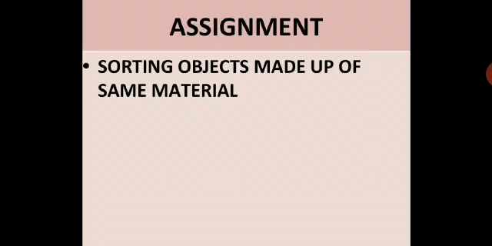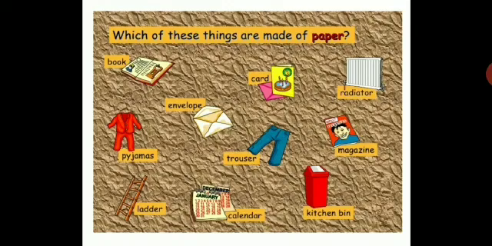Now, the assignment for you: sorting objects made of the same material. You have already done this assignment, so you need not do it again. It is just a revision for you to understand the concepts. If you have not done this assignment before, please do it in the revision session. In this assignment, you just need to list all these objects in your book and find which of these things are made of paper.